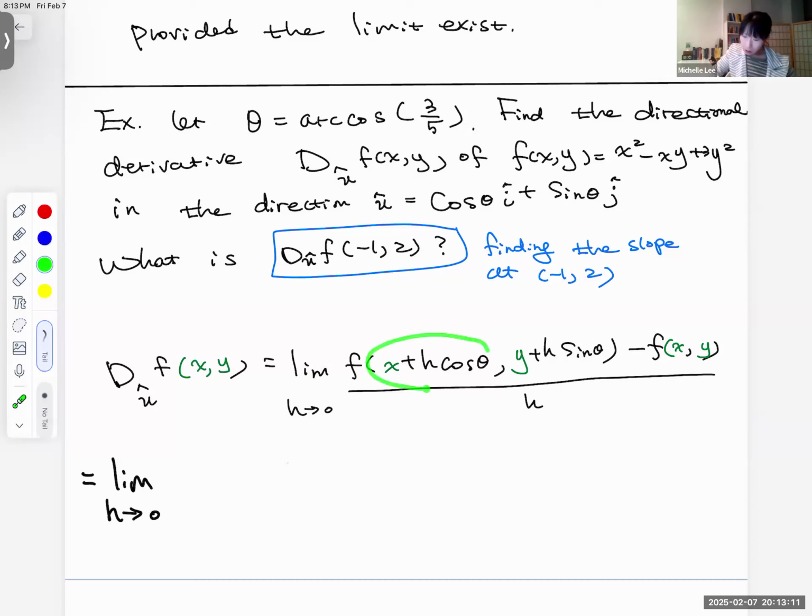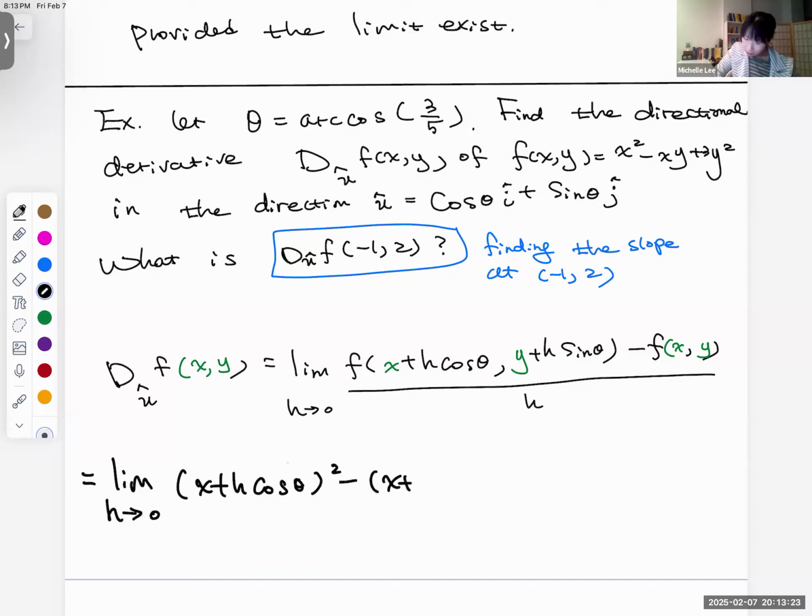So this one into the x squared. So we have x plus h cosine theta, squared, minus x plus h cosine theta, times y, which is y plus h sine theta, plus 3y squared. So that will be 3, this one squared, right?